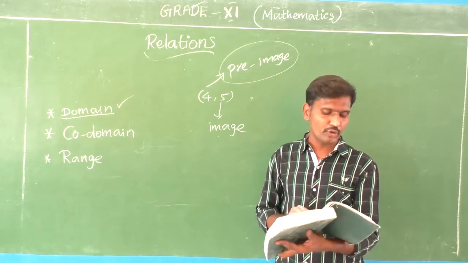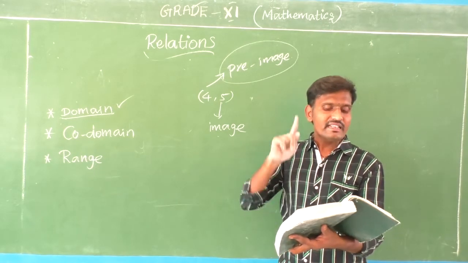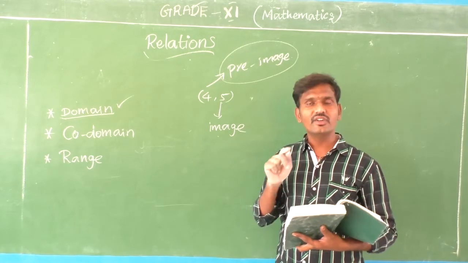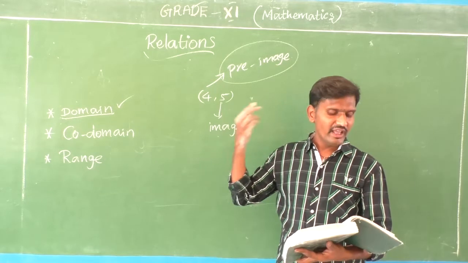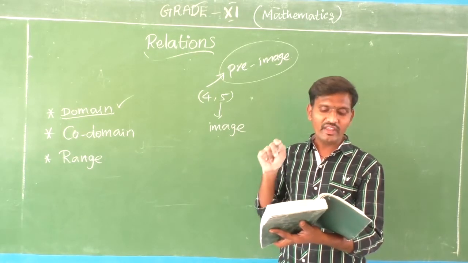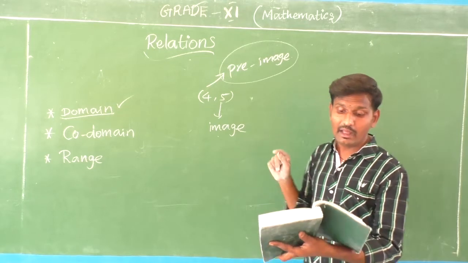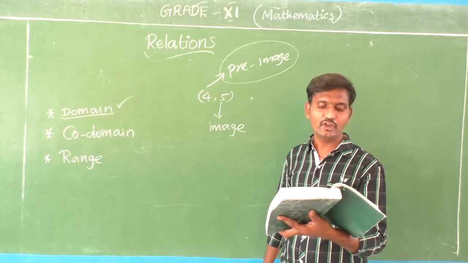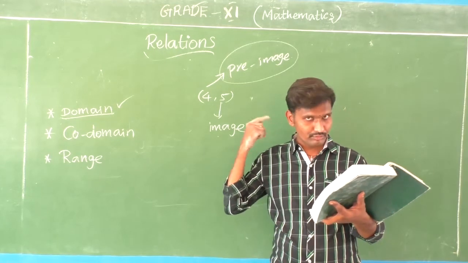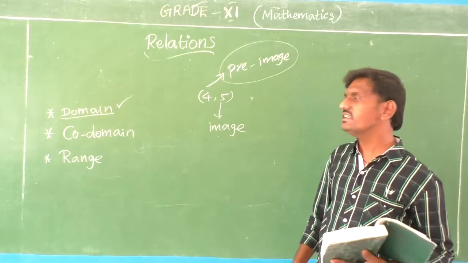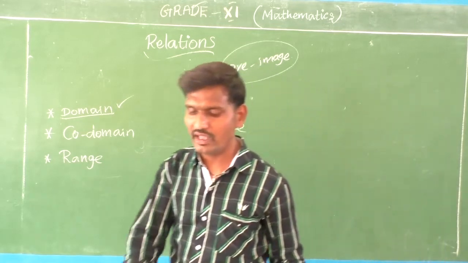The set of second elements in a relation from set A to B is called the range. I give it to you in sentences. Okay, listen.